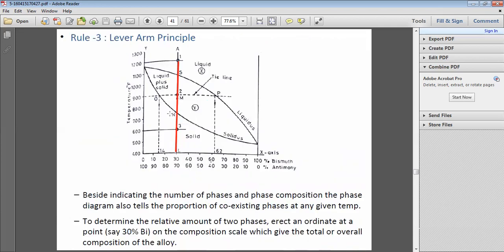It is cutting this line, which is OP, at 900 degrees Celsius. So this is this line.